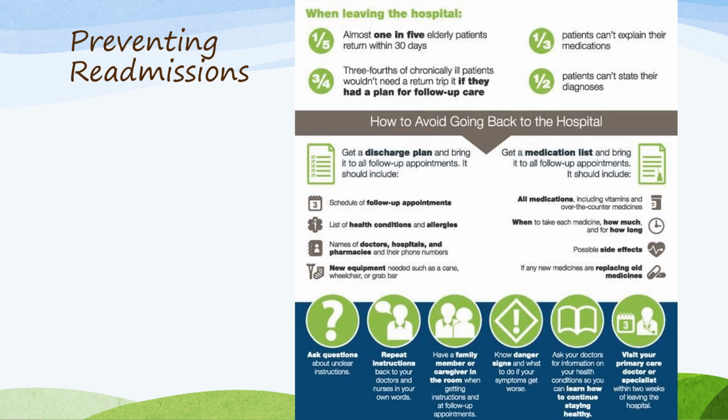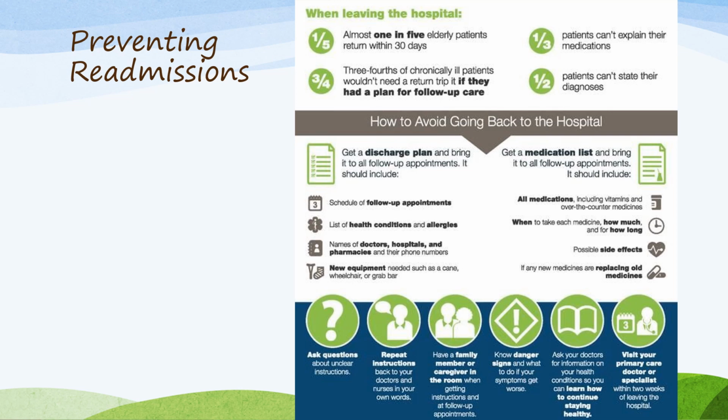So how to avoid going back to the hospital, right? So this is what we teach patients: how to advocate for themselves. Get a discharge plan and bring it to all follow-up appointments. So all those printouts you hand to patients, if they're chronically ill, they should have a binder for all of these, for every visit, so that a new provider, if brought in for a special reason, can go through all of them and see their course of treatment.